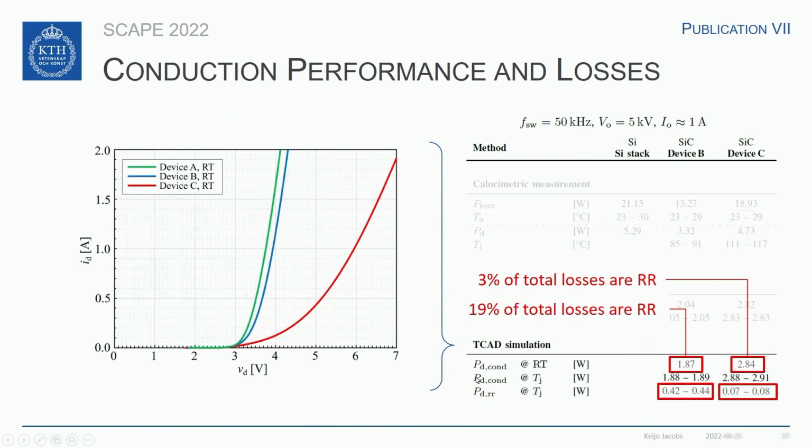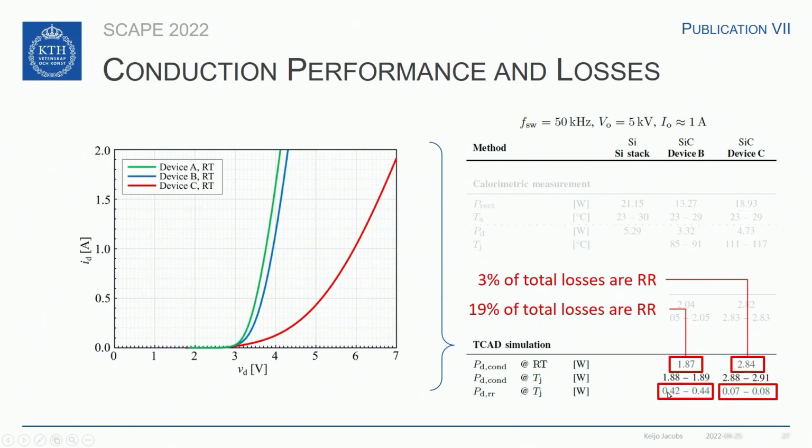We then also simulated the conduction losses and additionally the reverse recovery losses in the TCAD simulation. You can see that the conduction losses coincide approximately with the values that I presented for the previous method. However, the TCAD simulation gave us the opportunity to also compare the reverse recovery losses.